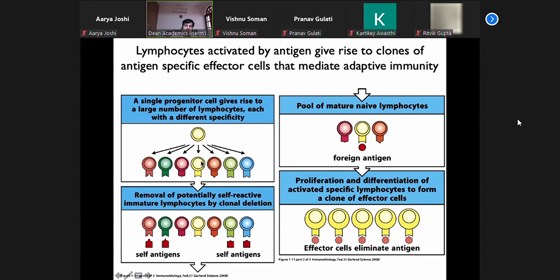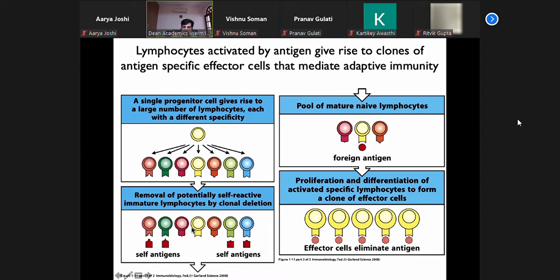Those clones which are reactive to your own antigens, for example, this one was reactive to pancreatic antigens, this one was reactive to your skin antigens, this one maybe to your kidney antigens, this one to your liver antigens, all those clones of lymphocytes are deleted by the process of clonal deletion. And then you are left with only those that do not react with your own antigens.